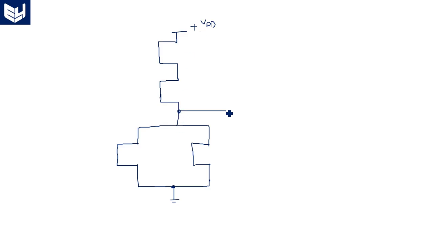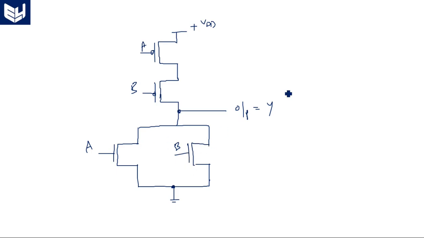Next, NMOS transistors should be connected in parallel, between output and ground, and the output is nothing but Y. This is PMOS transistor A, PMOS B, this is NMOS A, and here it is NMOS B. PMOS transistors should always be connected between VDD and output, and NMOS transistors between output and ground.